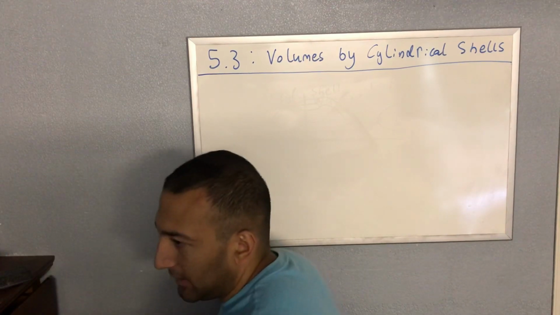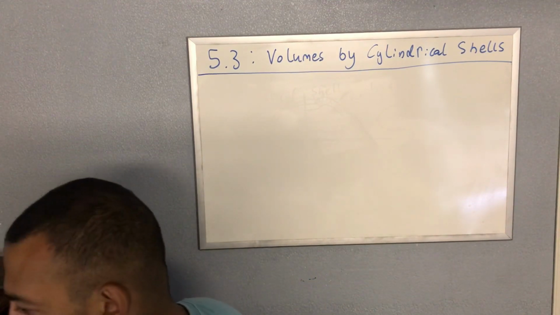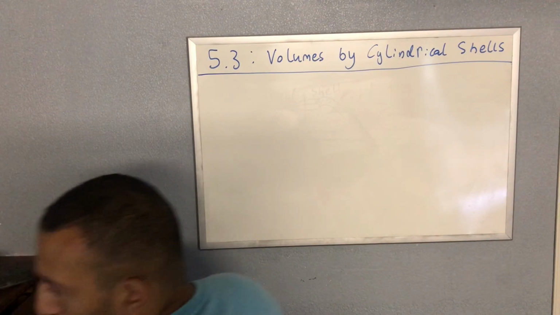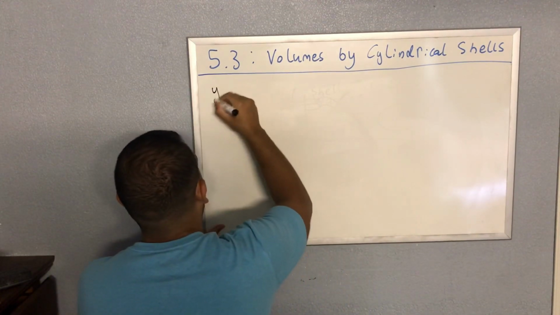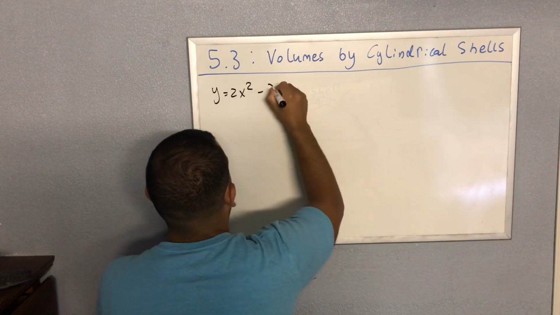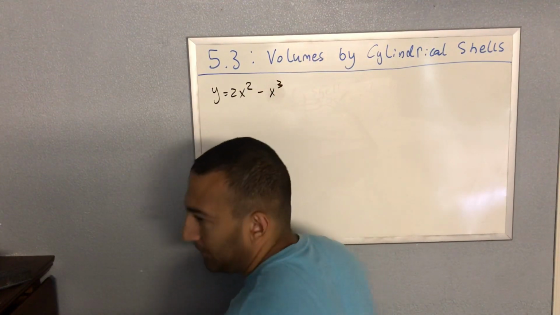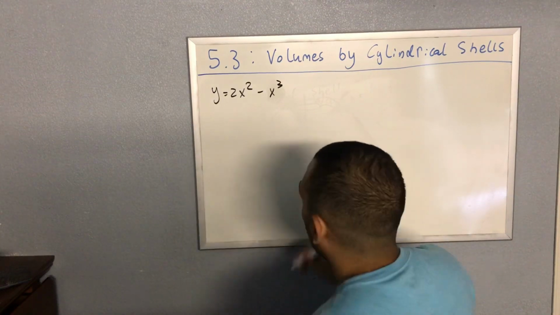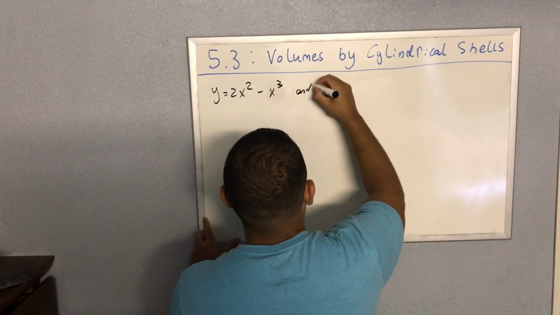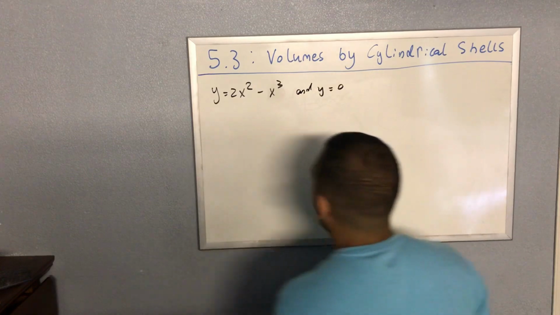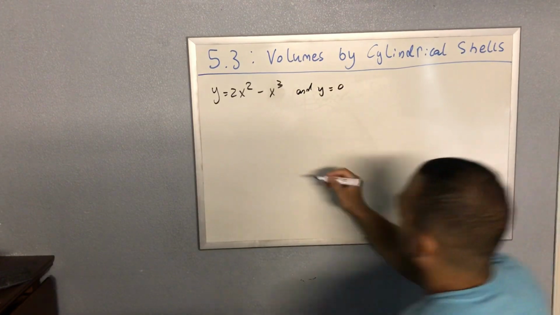Okay, so if we think about the curve y equals 2x squared minus x cubed and y equals 0. So we're going to look at that. What does this represent?